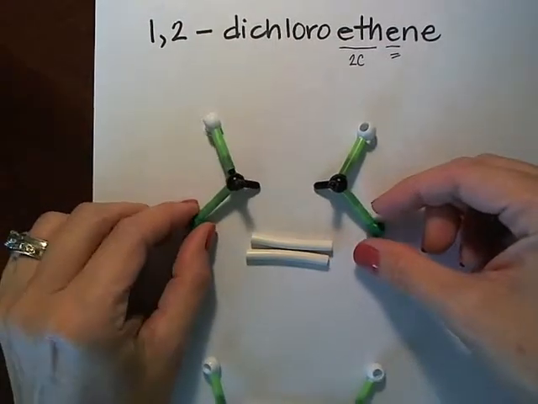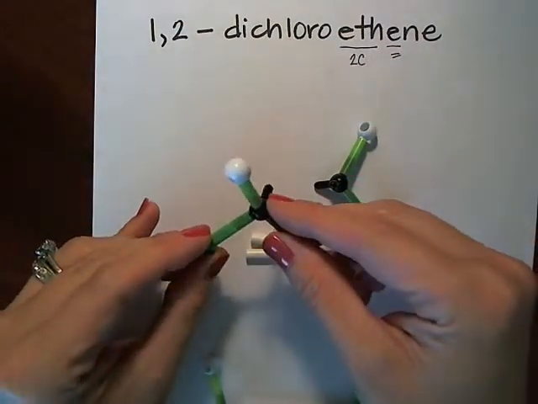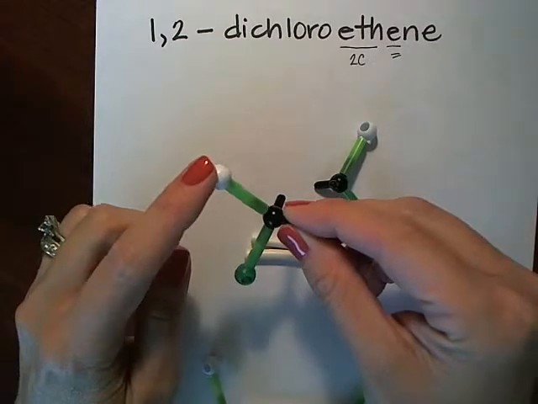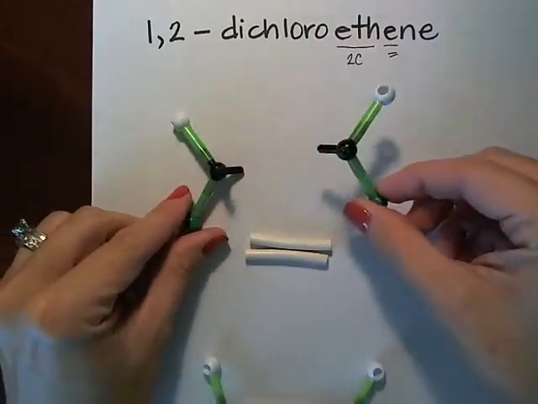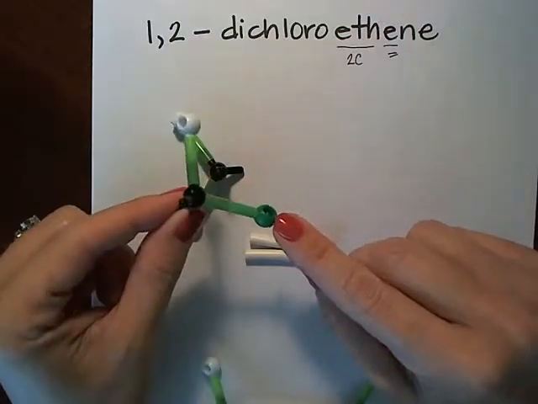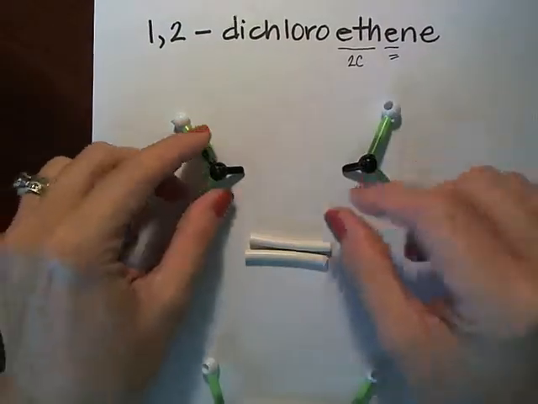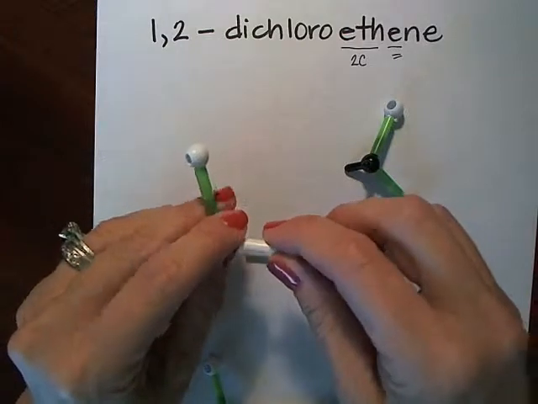So what I have already here is a carbon center, and here I've attached a hydrogen and a chlorine. So we'll call this carbon number 1, and carbon number 2 also has the chlorine. So I've attached it here. And between these 2 carbons is a double bond.